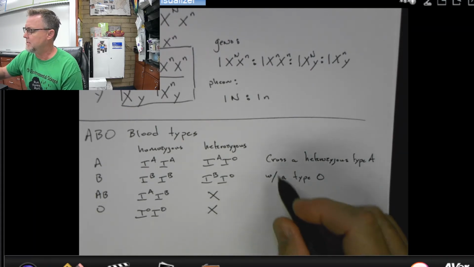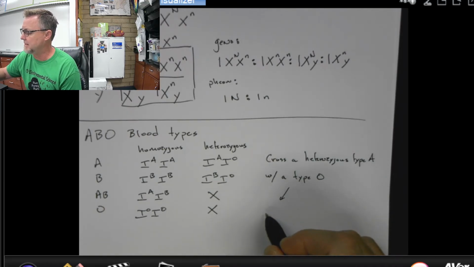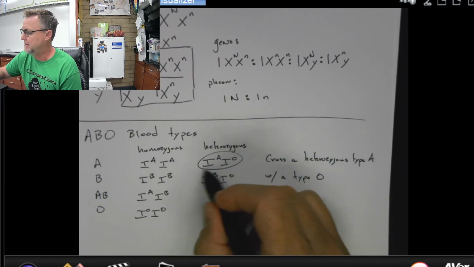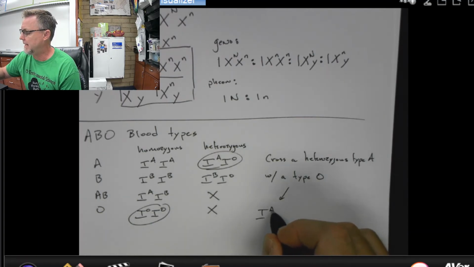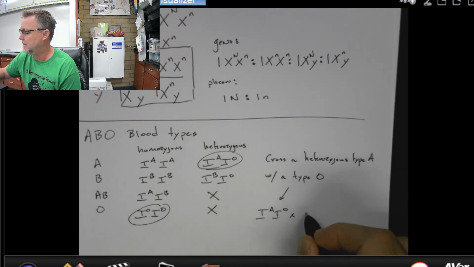So I set the parents up. Here's my heterozygous type A, here's my type O. So IA, IO, crossed with IO, IO.